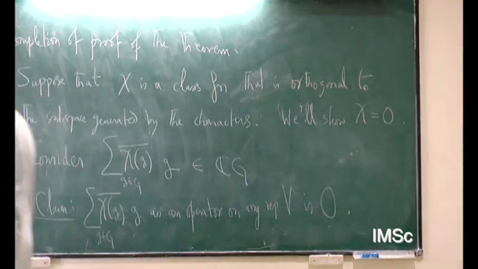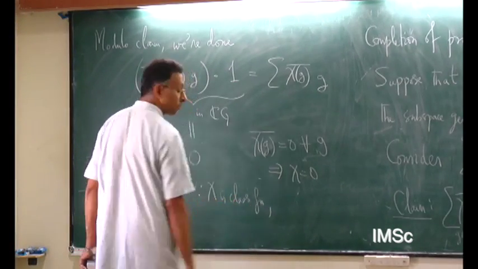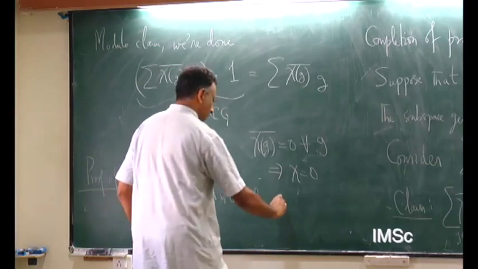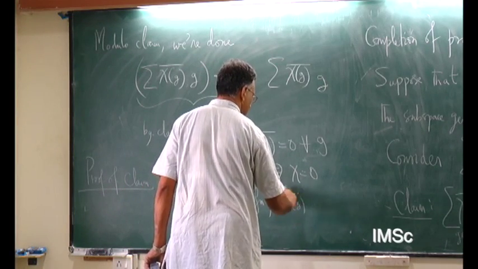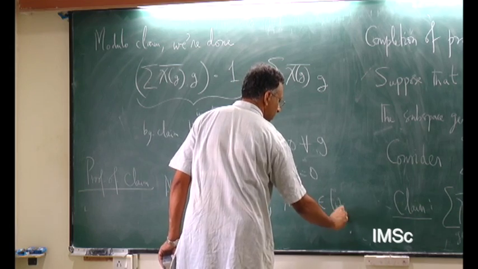So note, because chi is a class function, the sum of chi of g bar times g belongs to End_G of V.